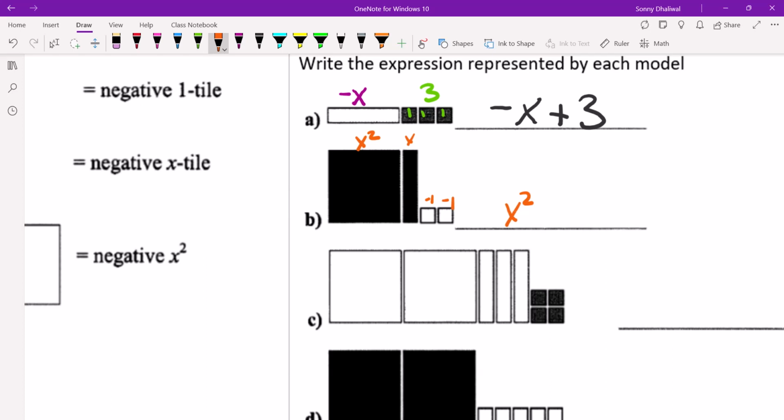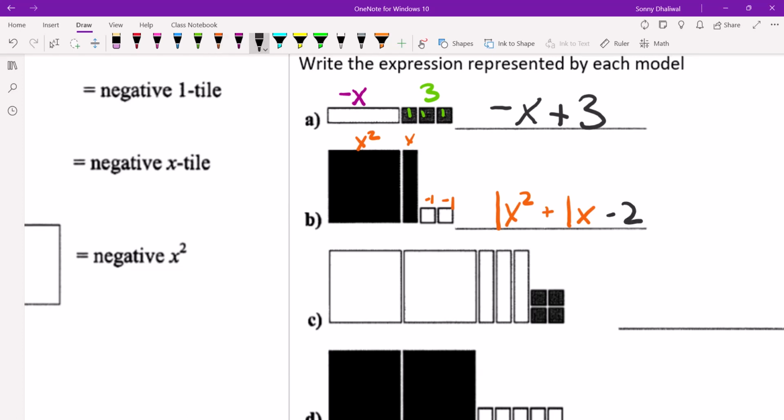So we go, oh, we have 1 of this shape, so I can put a 1 here, right? Then the next one, we have an x, and we have 1 of these here, and it's positive, so we need to put a plus sign here. We need to separate the terms, right? Now the last one, we have 2 of these shapes, and they're minus 1, so that's minus 2, okay?